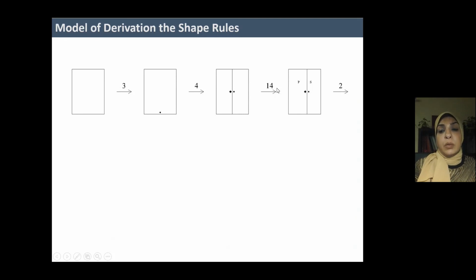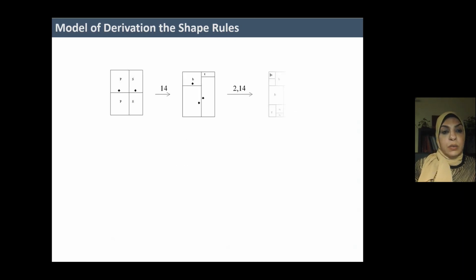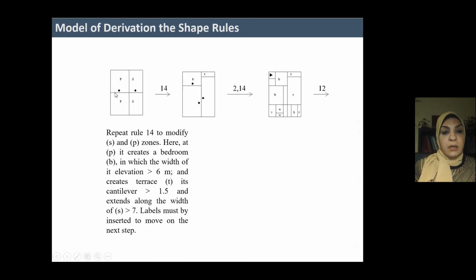By applying rule number 14, we are expanding the private zone a little bit. And by applying rule number 2, we are dividing the private zone into 2 zones, and similarly the semi-private zone, both of them are divided horizontally.